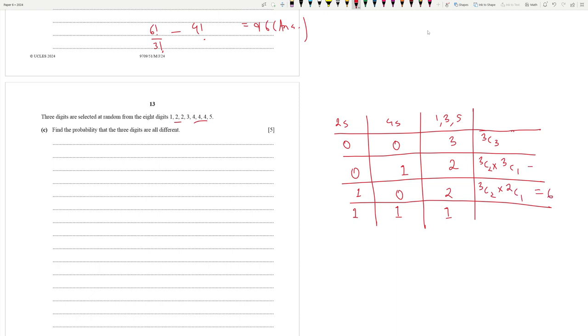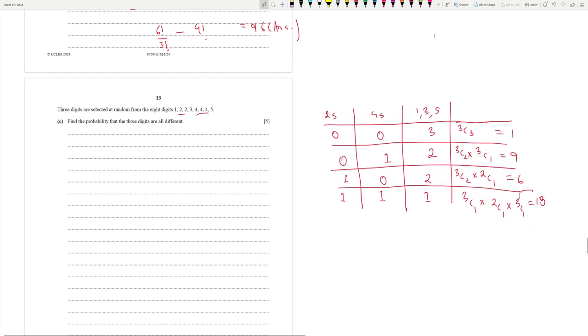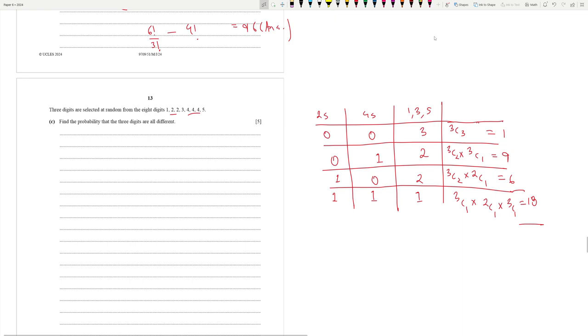So that's 6, this is 9, and this is 1. And here I'm picking 1 from each. So 3C1 from 1 3 5, 2C1 for the 2's, and 3C1 for the 4's. So ultimately we are getting 18. Okay. So if you add all of these up, you're going to get your total number of selections, which is 56.